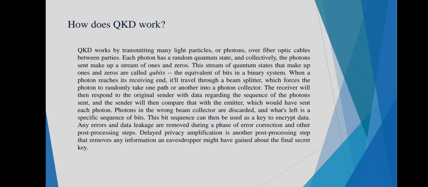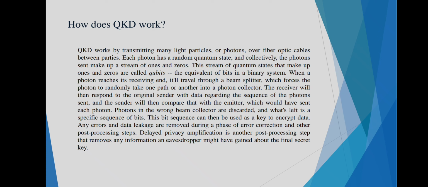How does quantum key distribution work? It works by transmitting many light particles, or photons, over fiber optic cables between parties. It involves quantum physics that we have discussed earlier. The units of transmission are photons, and the medium of transmission is fiber optic cables.